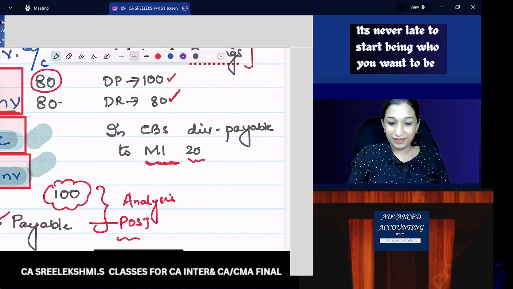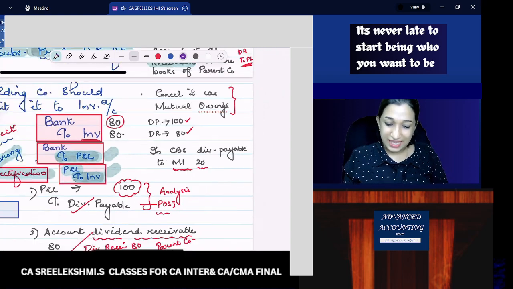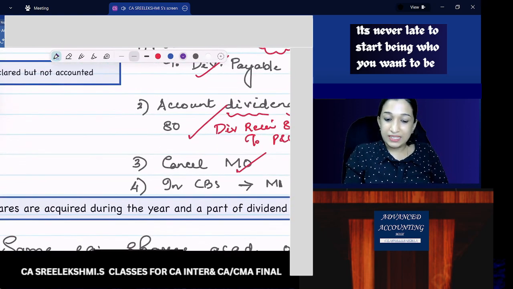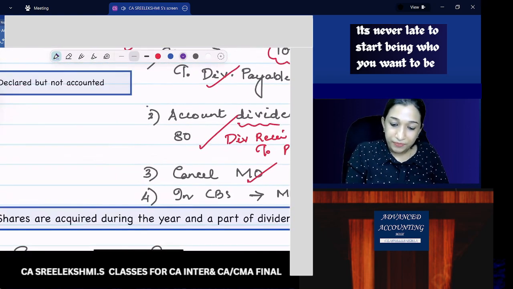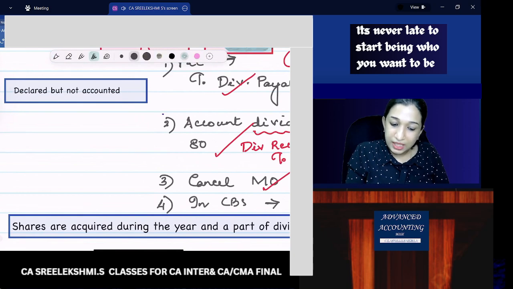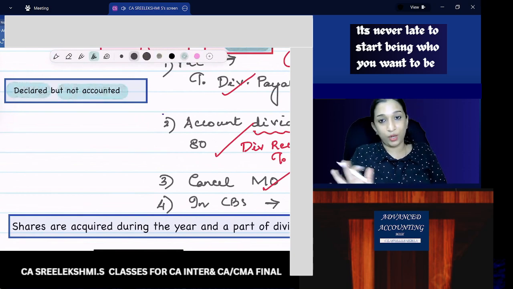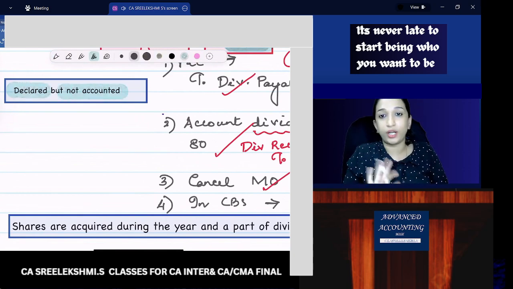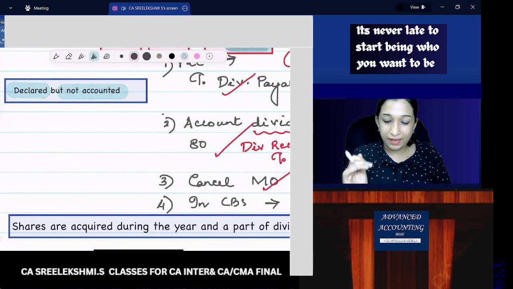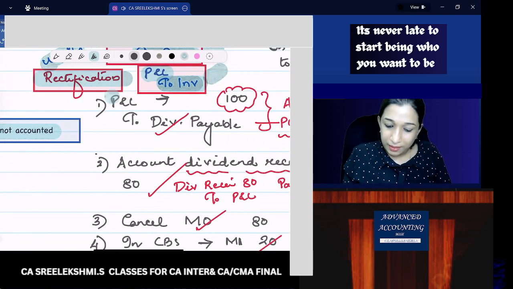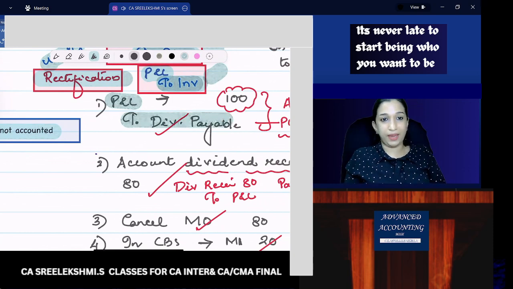Okay. Now, the same thing, but the subsidiary declared a dividend but did not account for it. Then what is the correct entry? P&L to dividend payable.